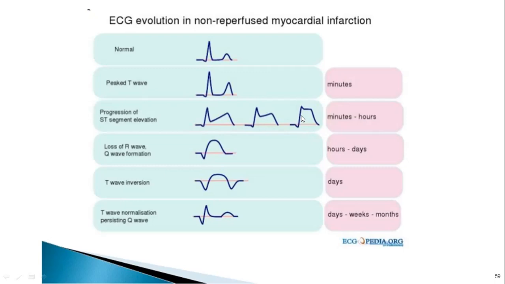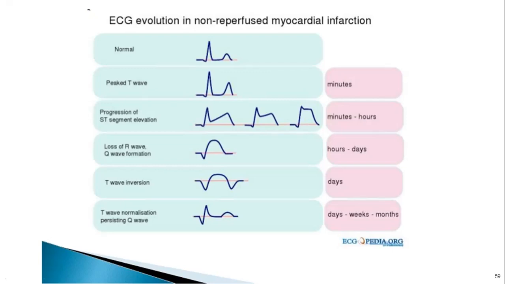So ST segment elevated, even in some MI patients ST segment depressed, but not normal. What is normal? It should be horizontal, right? What about the T-wave? T-wave is a little bit peaked, with positive upright deflection. But the T-wave here is reversed, and this is called T-wave inversion.